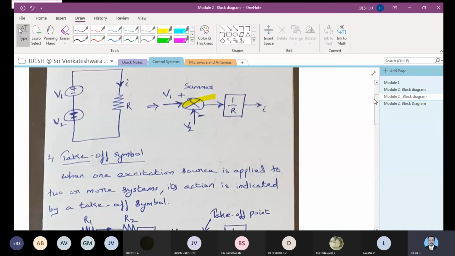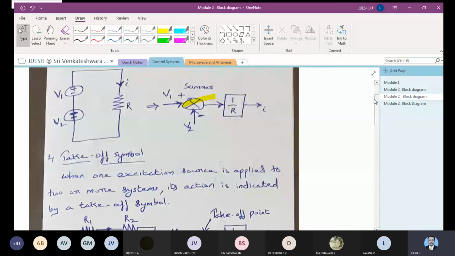In that way you cannot get the right answer. So you have to be very careful while solving the problems, even with a positive sign or a negative sign, some takeoff symbol, or each component involved in it. All those things have to be taken care of properly.